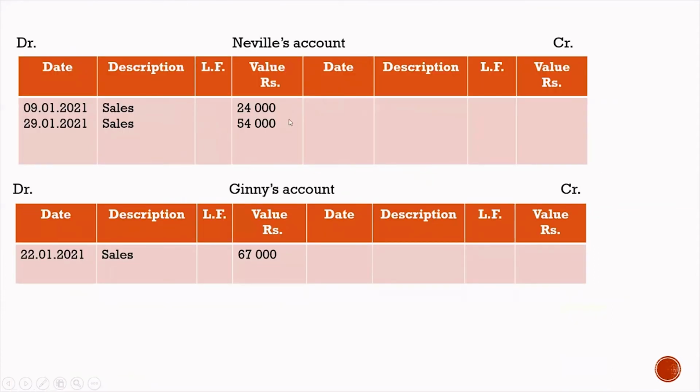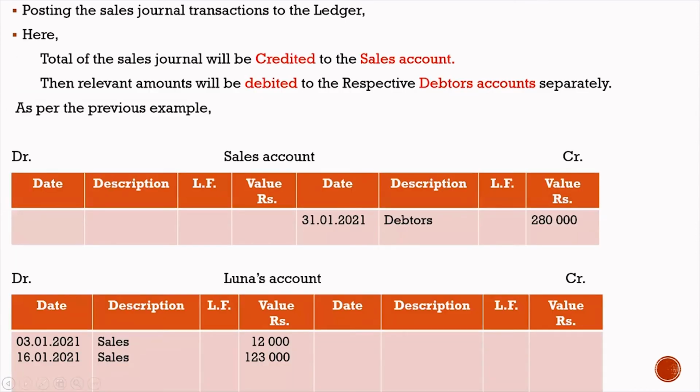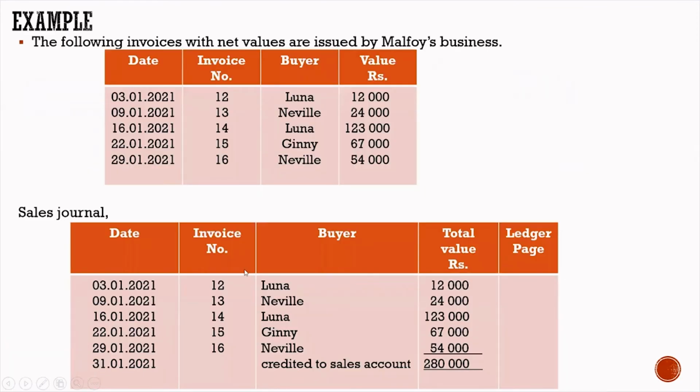We don't try to make totals everywhere possible. We only try to take clear recordings because they can settle one invoice at once and the next invoice the next day, right? Imagine Luna pays the first invoice of 12,000 and later pays the second invoice of 123,000.